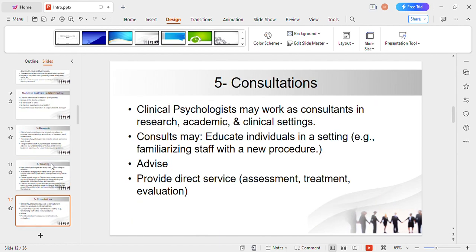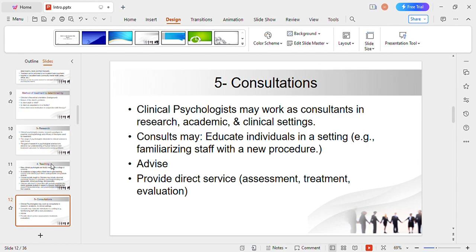Okay, so apart from teaching, the last role, which is very obvious, all of you know, clinical psychologists also provide their services as consultants. They may work as consultants in research, academic, and clinical settings. They offer their services to guide the students, the academicians, and researchers to excel in their particular field.